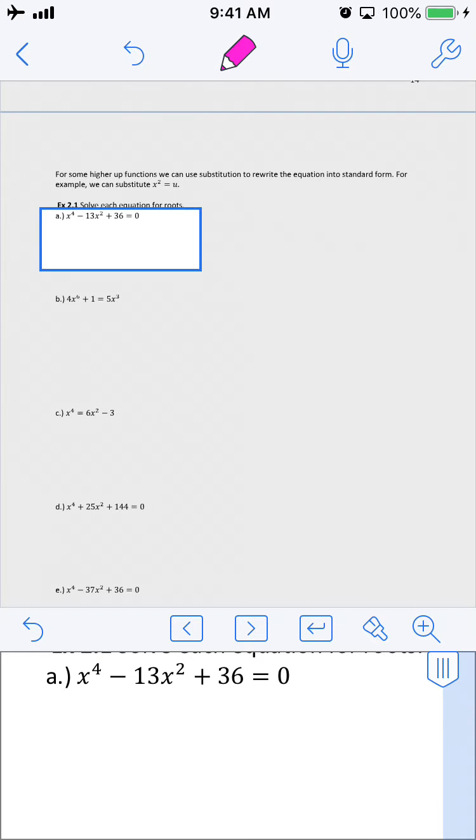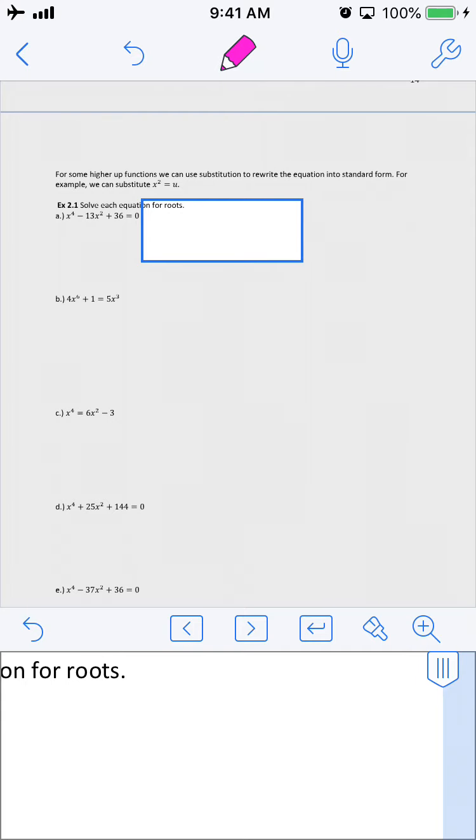So I'm going to make what we call a U substitution. Now, a lot of people use U, but frankly, my U's look like weird A's, so I'm going to use a different letter, totally up to you. I'm going to use R. I'm going to change the part of this that I don't like into R, and then change this into a quadratic. So how do I change this?